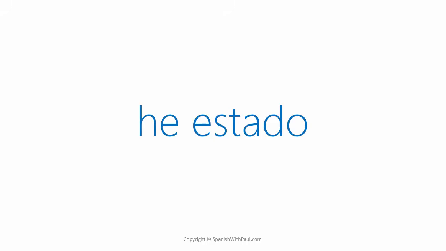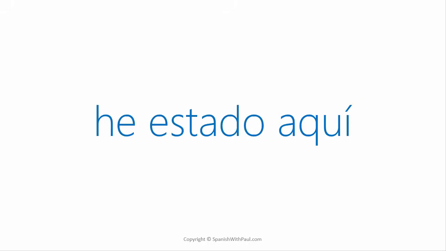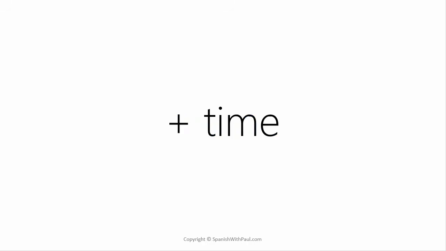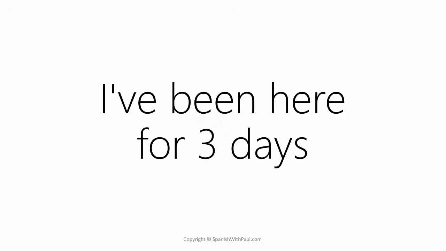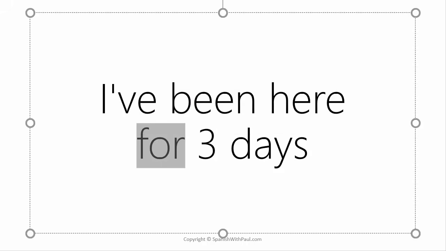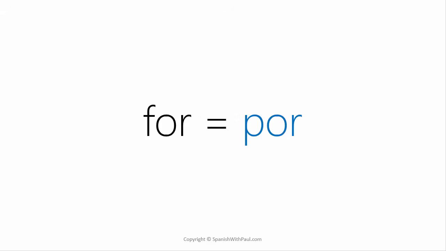He estado. What's the word for here? Aquí. How would you say, I've been here? He estado aquí. We can tag on a time frame to this. For example, I've been here for 3 days. This word for, when we are referring to time frames, in Spanish you'll use the word por.